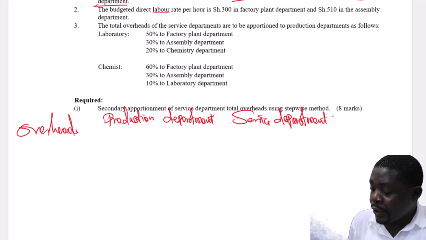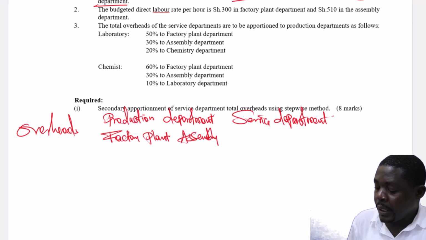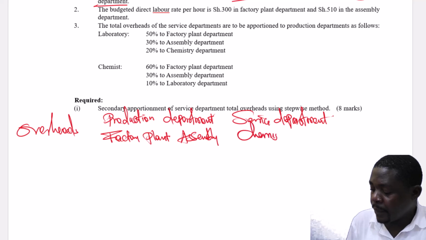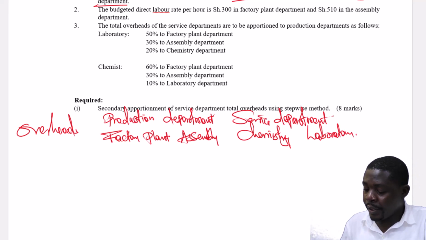Under production we have the factory plant, then we have the assembly department. Service we have the chemistry, then we have the laboratory.